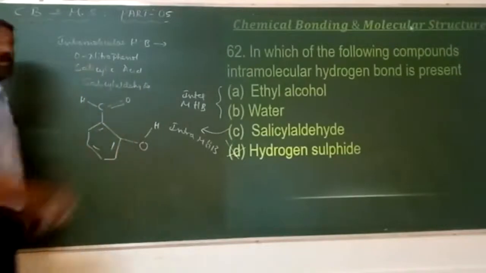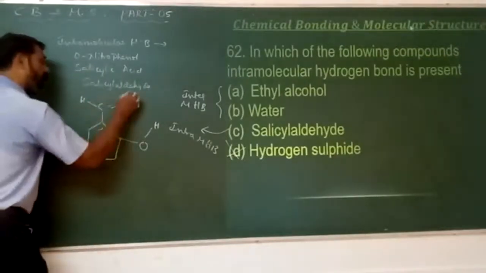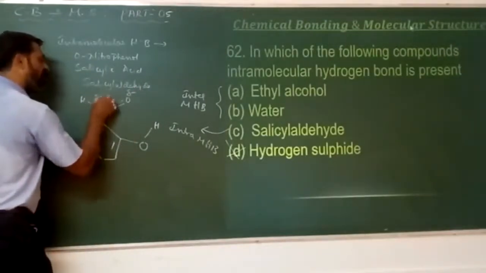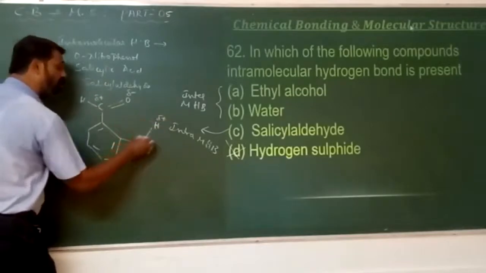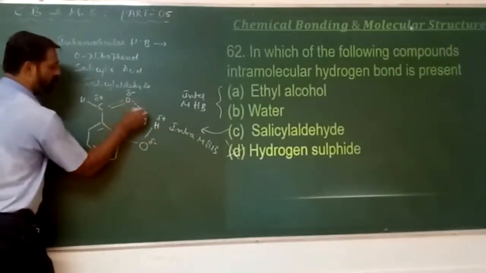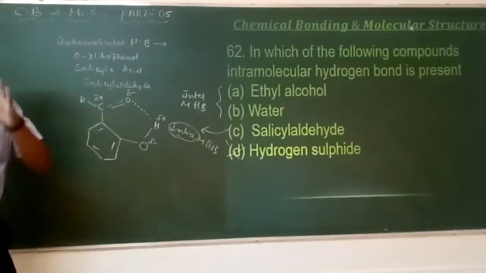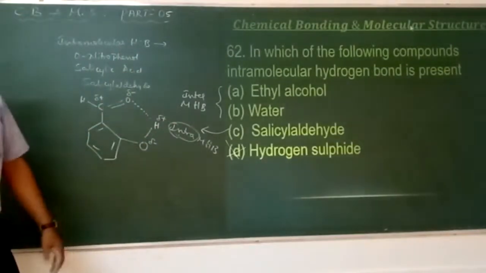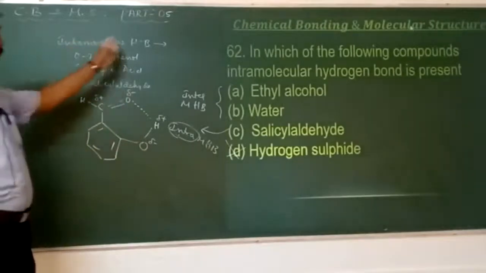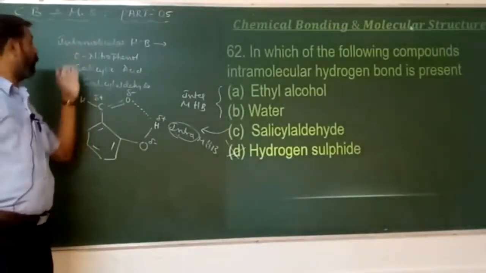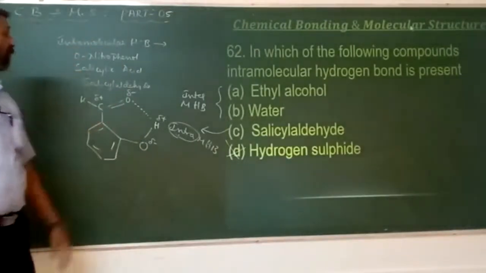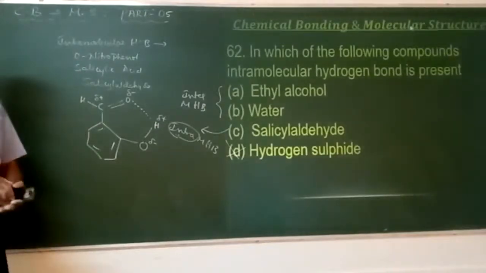What is this? Salicyl aldehyde. Oxygen is more electronegative than carbon. Similarly, hydrogen is more electropositive than oxygen. Means the direct answer is that the very best examples related to intramolecular are orthonitrophenol, salicylic acid, and the salicyl aldehyde. Okay.